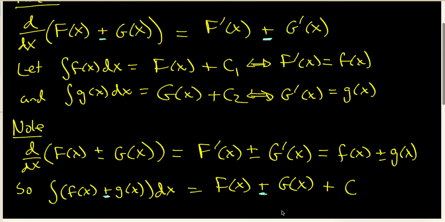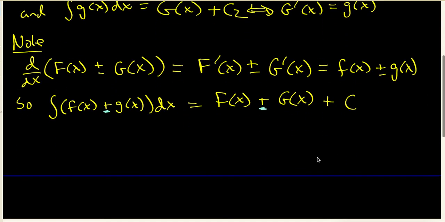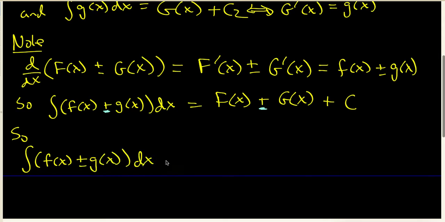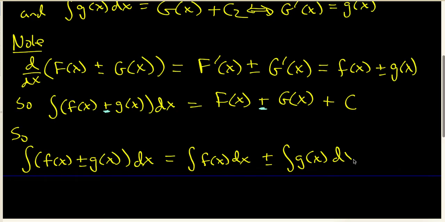Now, this particular rule that we've just established can be rewritten in integral sign notation as follows. We can say that the integral of little f plus or minus little g of x with respect to x can be rewritten as the integral of f of x dx plus or minus, depending upon which one you have here, the integral of little g dx.